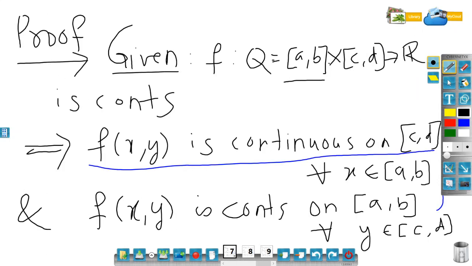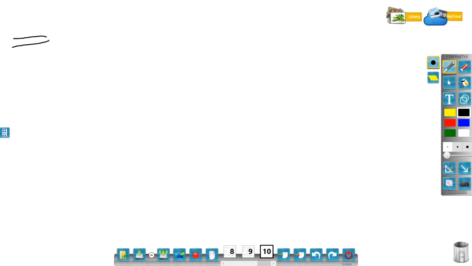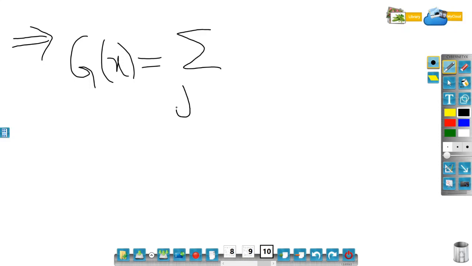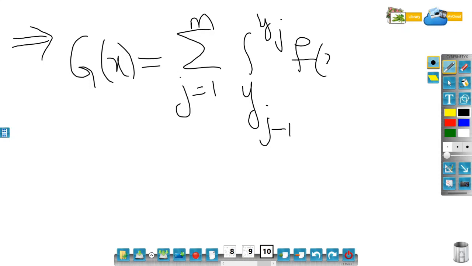So this would imply my g of x will look as follows. g of x is the integration c to d of f of x comma y dy, but integration c to d of f of x comma y is the same as the summation, j goes from 1 to m, of the integral from yj minus 1 to yj of f of x comma y dy.